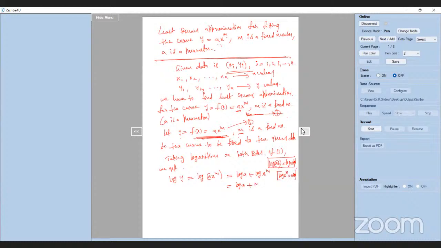That means m into log x. Log A to the power b is b into log A. So this is the formula. So apply this formula. Anyway, log y is equal to this one. Give this equation number 2.